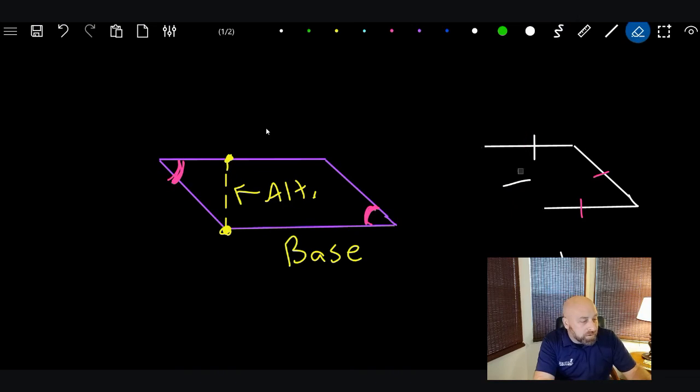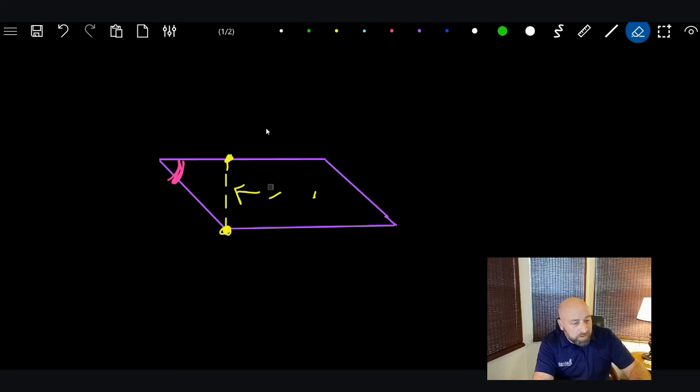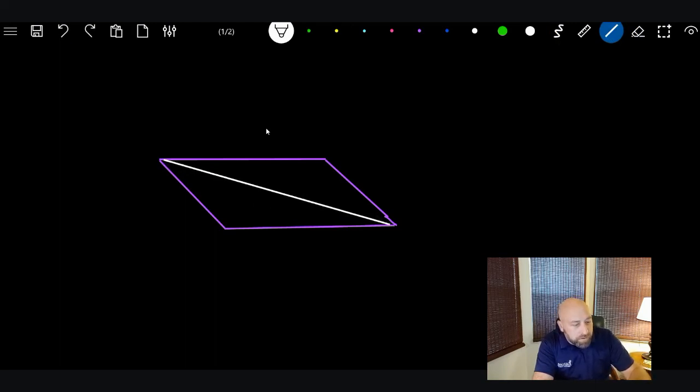Now I want to show you this. Let's go ahead and erase some of this stuff, get it out of the way, and I want to show you this right here on this one. If I take this parallelogram that I have drawn here and put diagonals in it, basically take this corner right here and drag it all the way over to this corner, I cut it with a diagonal.